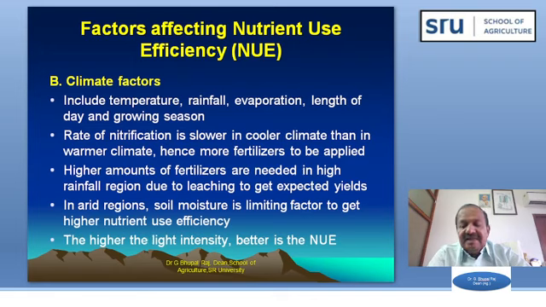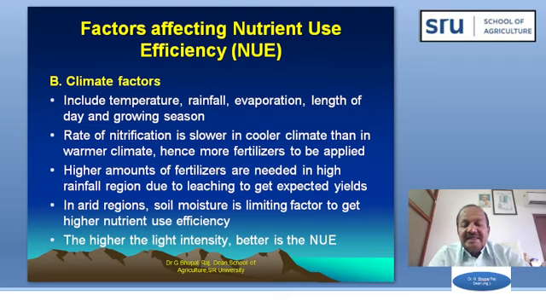Hence more fertilizers have to be applied. A higher amount of fertilizers is needed in high rainfall regions due to leaching to get the expected yields. Because of heavy rainfall, more of the fertilizers will be leached down to the lower layers, so the application of fertilizers required is more.